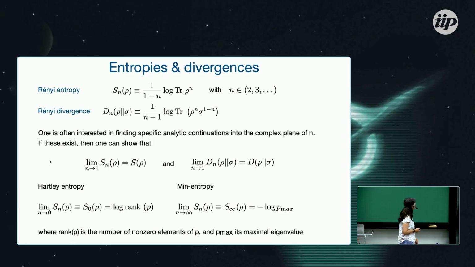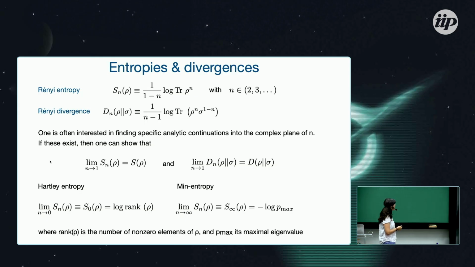Okay, so now these two quantities, von Neumann and relative entropy, have Rényi extensions that we are all very familiar with. So for instance, Rényi entropies and this form of Rényi divergence that I will consider. They're defined for integer n bigger or equal to 2, and then their analytical continuation, if available, gives us for n going to 1 the von Neumann and relative entropy.